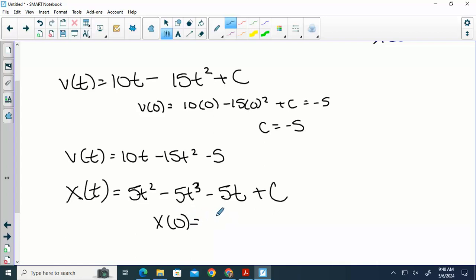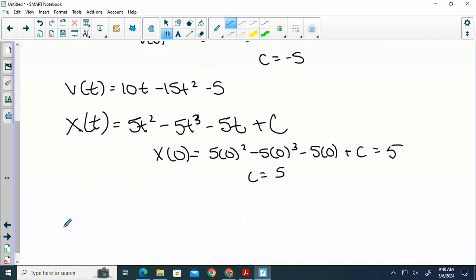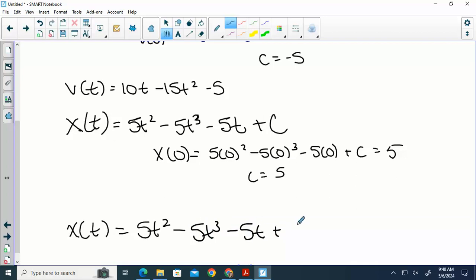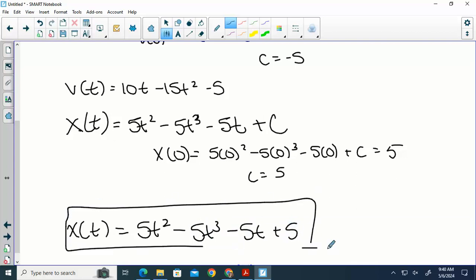So if you put in zeros for all of these t's, it equals 5, so the constant is 5. So our actual position function is 5t squared minus 5t cubed minus 5t plus 5. And you could certainly reorder those terms if you preferred.